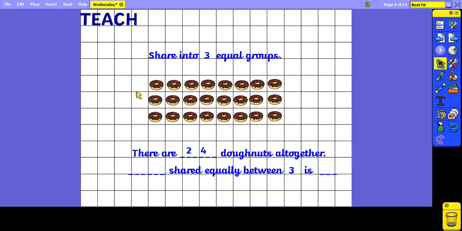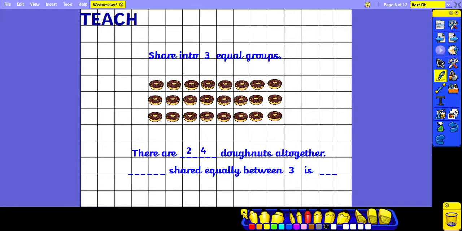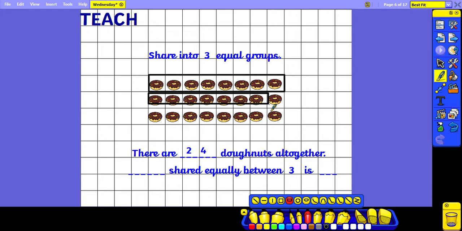And if I have a look at how the donuts are arranged, I've got 3 rows going across. And I know in an array, there is the same number of objects in each row. So I can use my rows to help me share them into groups, because I've got 3 rows and I'm looking to make 3 equal groups. So I'm just going to group them like this.